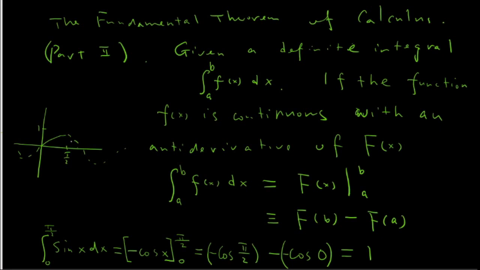It is the area under the curve when x is in between 0 and half pi. Amazingly, the area of the shaded region here is equal to 1. Most likely, we did that question in Math 101. That's how to use the fundamental theorem.